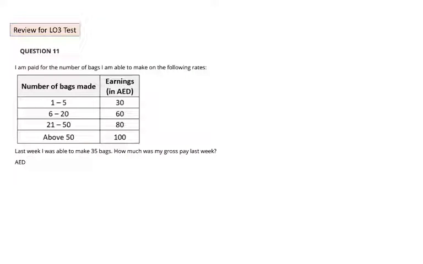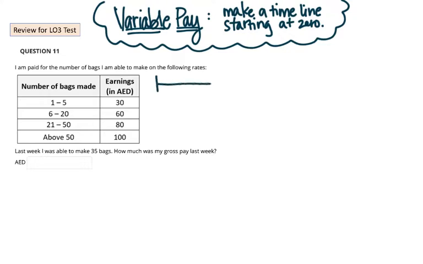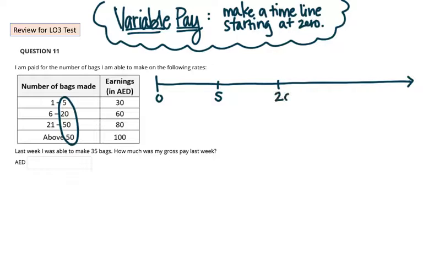Okay, last question in the review. Again, I see a table, so I know this is a variable pay question. So again, to start my variable pay question, I make a timeline starting at 0. Now I know in the table it starts at 1, but please always start at 0 and make your breaking points these right points. So 5, 20, 50, and above.